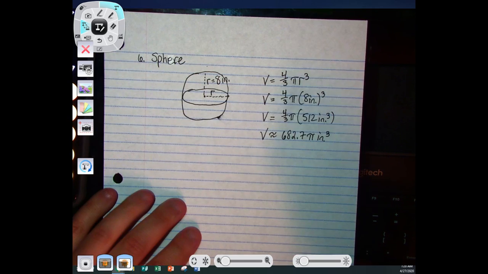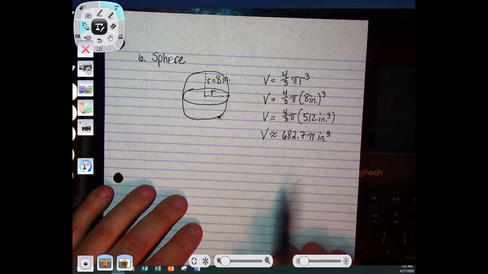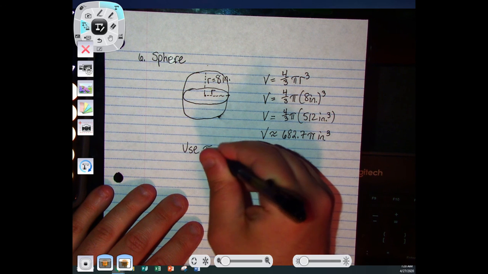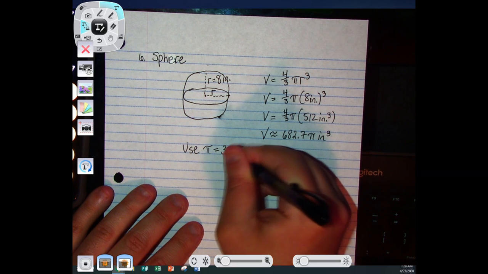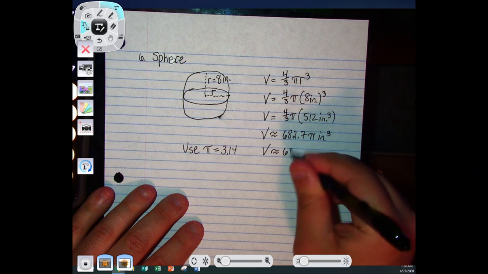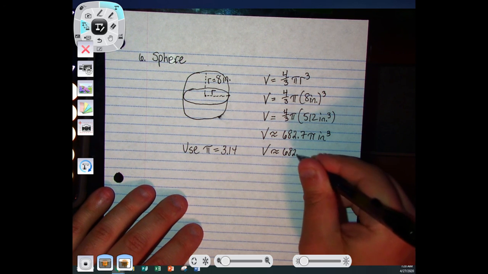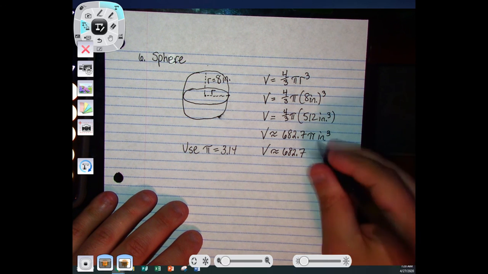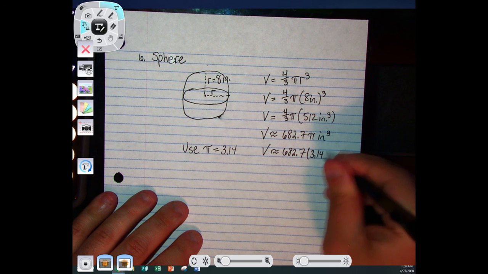Now again, that's if it says write it in terms of pi. If the directions say use pi equals 3.14, okay, so we do 682.67 repeating, or 682.7, times 3.14.